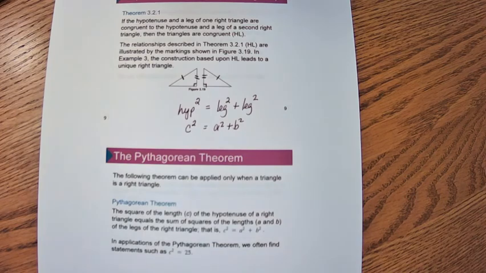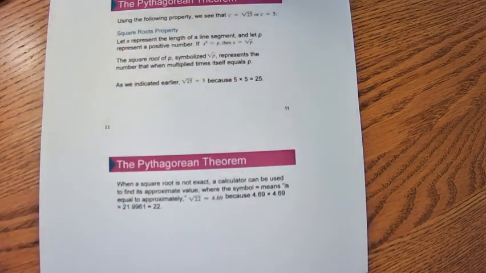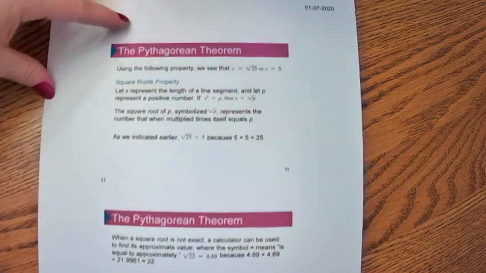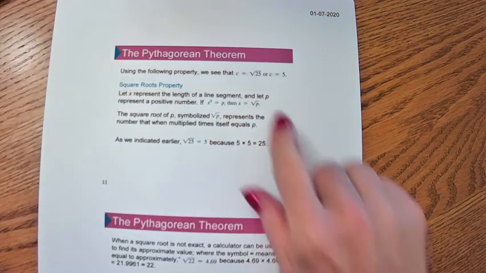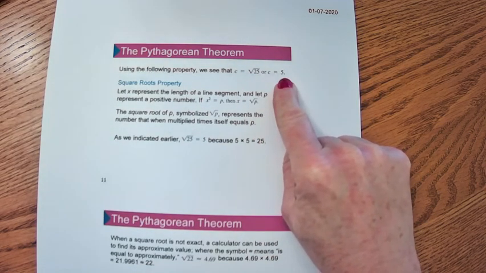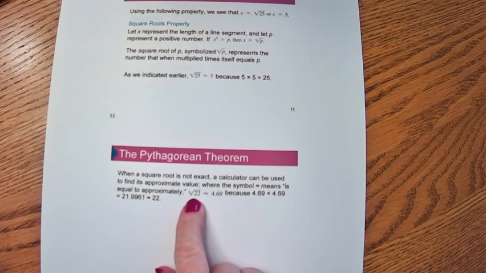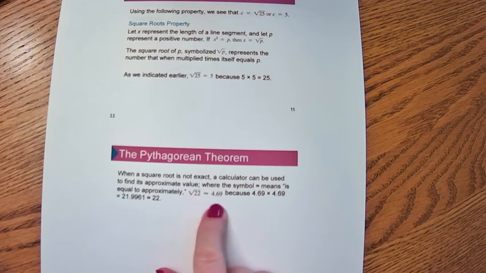The way you find the square root is on your calculator, there's a square root button. It's a number multiplied by itself. So if c squared was 25, the square root would be 5. Most calculators have a square root button, and the calculator is going to give you an estimate.